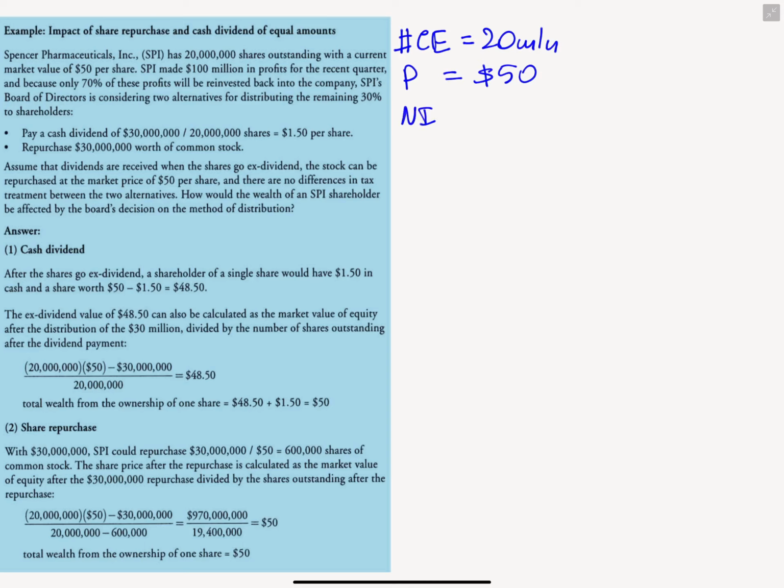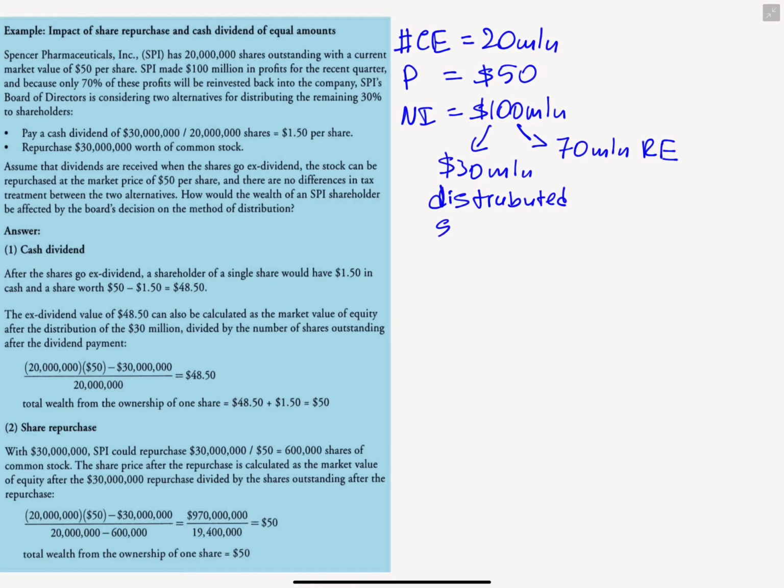Net income is 100 million, and it wants to distribute 80%, or reinvest some of it back. 70 million will be retained earnings and 30 million will be distributed to shareholders, either as a cash dividend, the first way, or as a share repurchase.